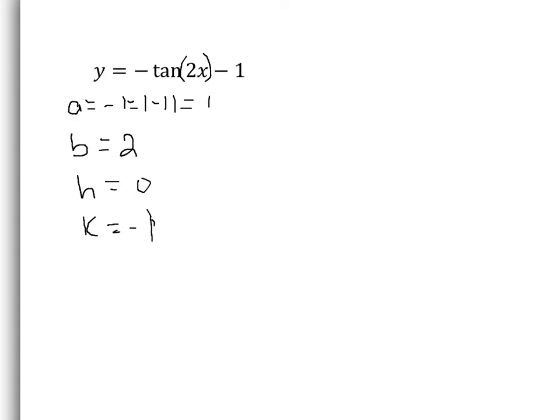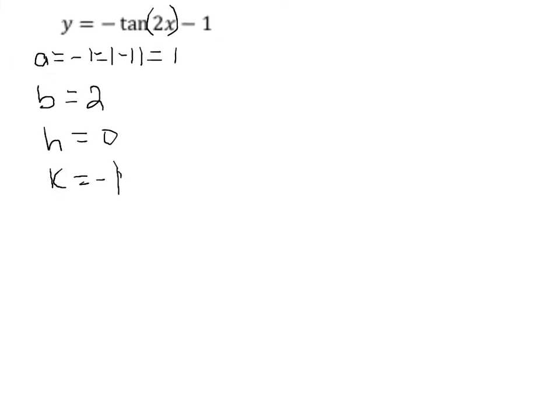Okay? So let's take a look at the graph. So remember, we had A is negative 1, B is 2, H is 0, K is negative 1. Now the period is pi divided by b, so it's pi over 2.